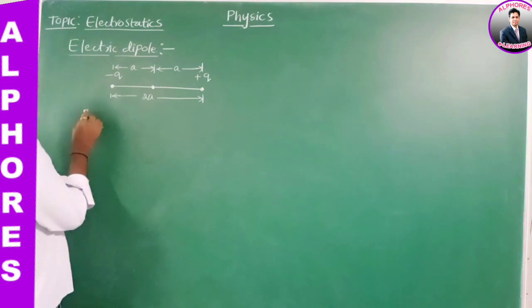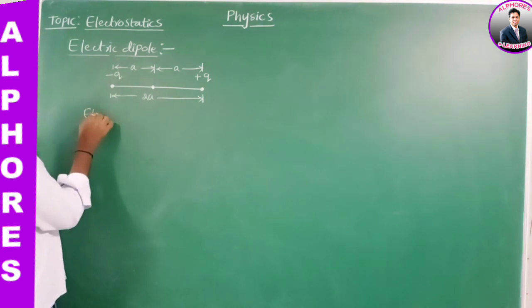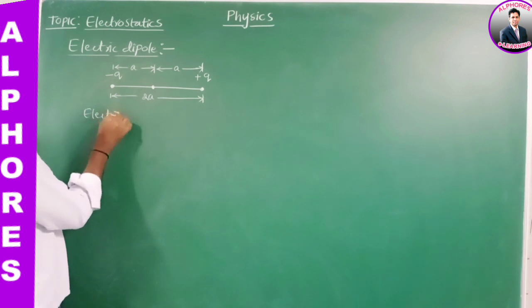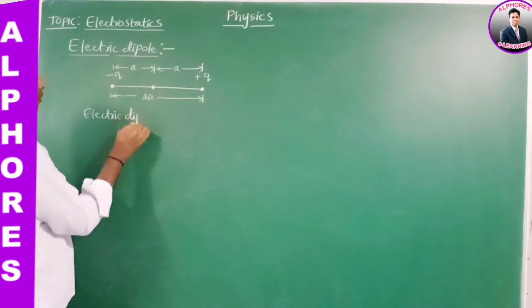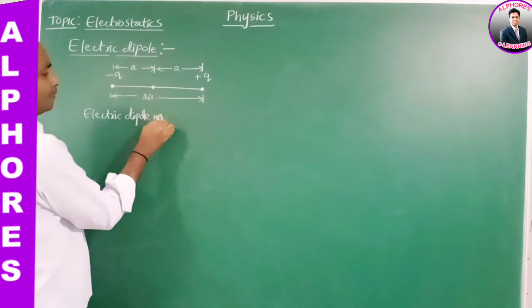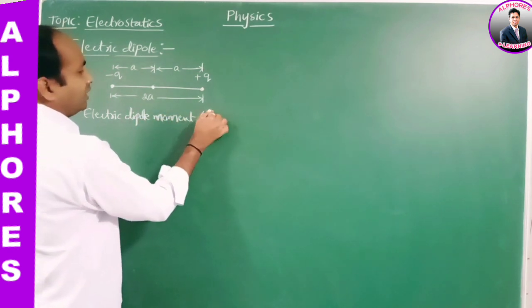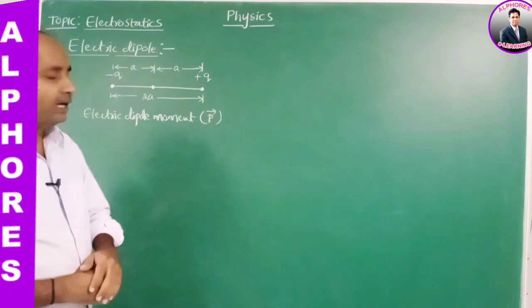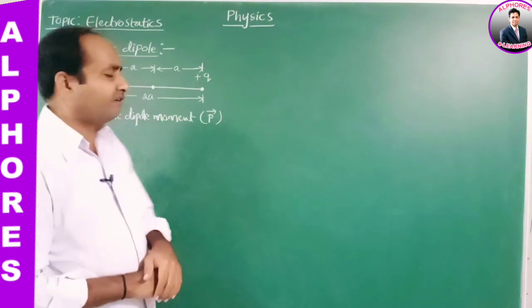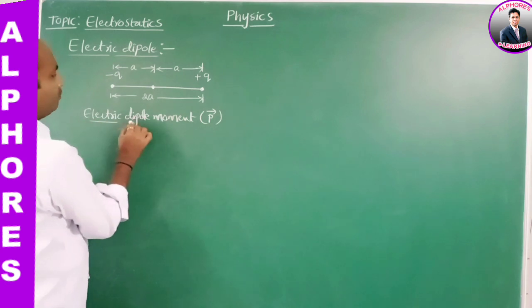Now the electric dipole moment. It is a vector quantity denoted by p bar.